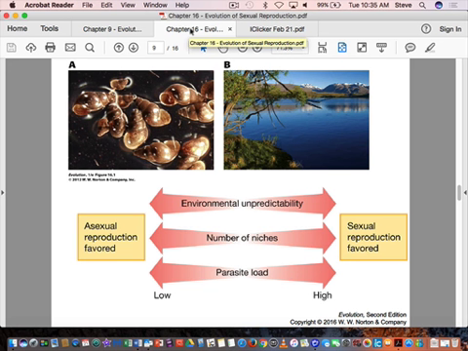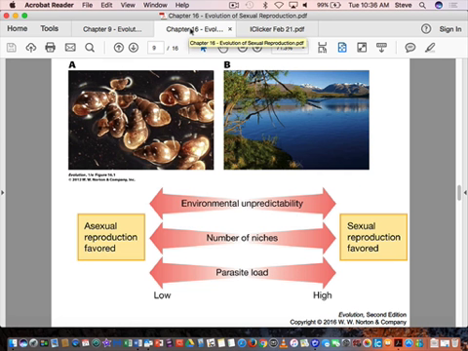So what we're saying here is if the environmental unpredictability is low, or if you think about it, the environment's pretty predictable, what might be favored? We suggest asexual reproduction. If there's not a lot of complexity to the environment, it's real simple, there's not a lot of environmental variability or number of niches, we might imagine asexual reproduction would be favored.